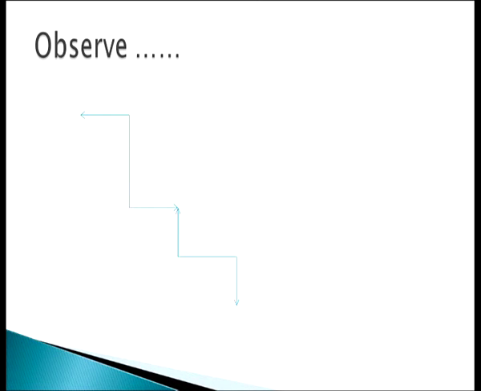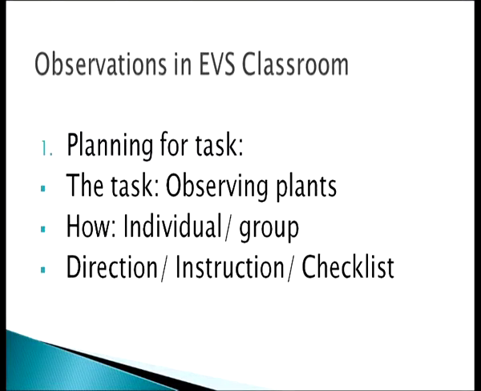So, you have to remember that there is a difference between observation and interpretation. When we are using observation in the EVS classroom, we have to plan for the task. Let's say I am planning for observation of plants.